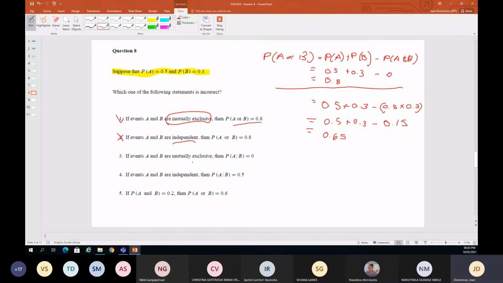If events A and B are mutually exclusive, then, and we're back to the conditional one, probability of A given B is equal to 0.